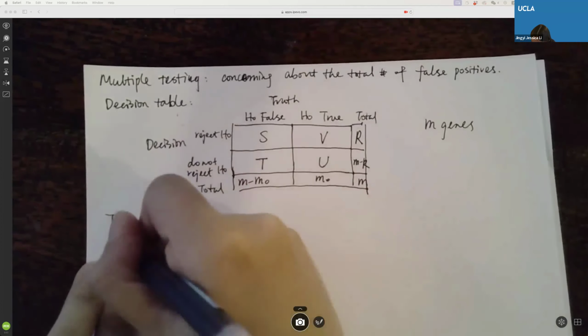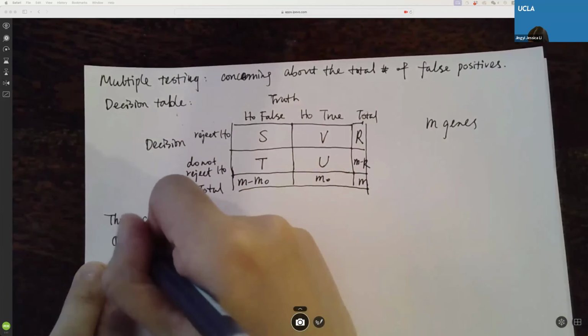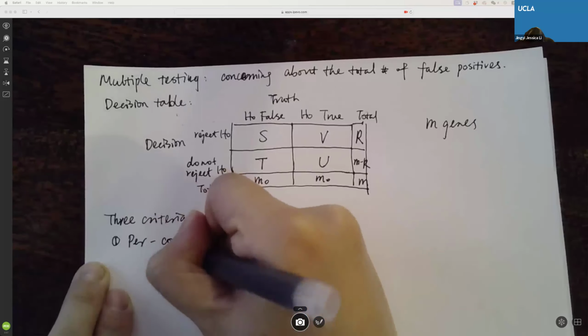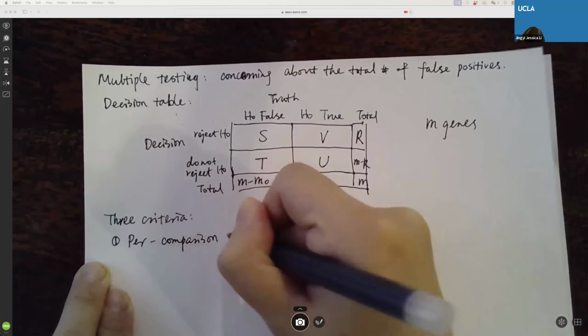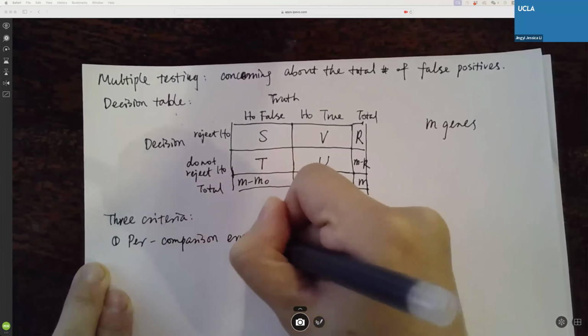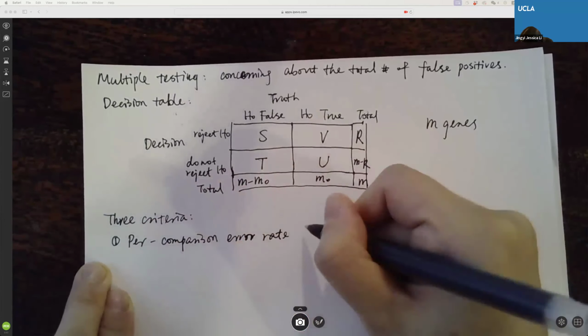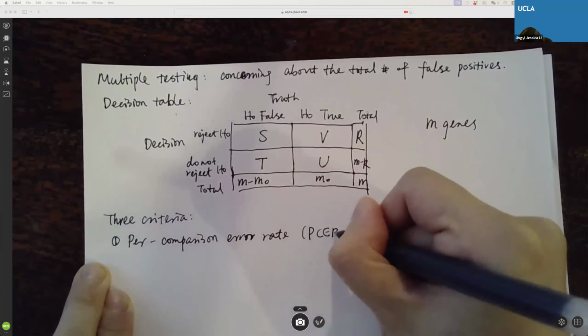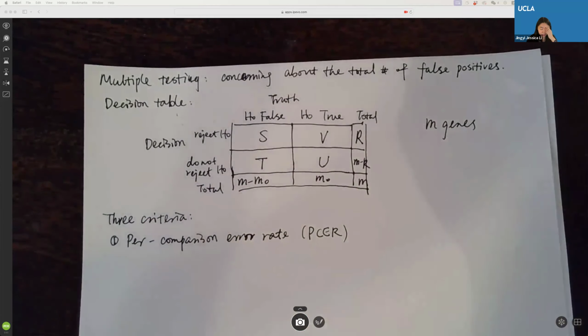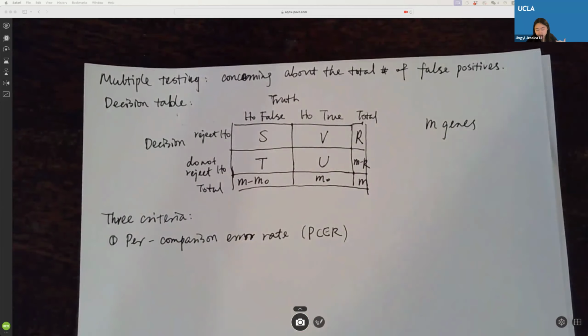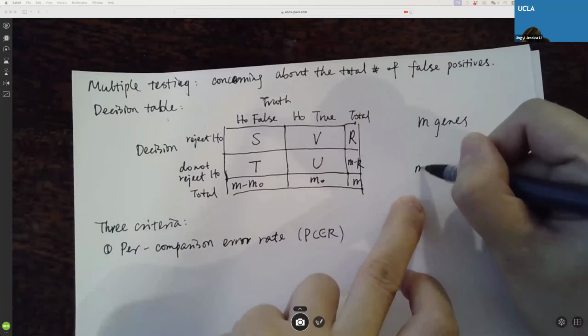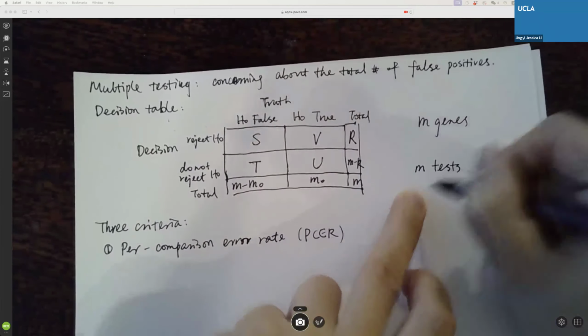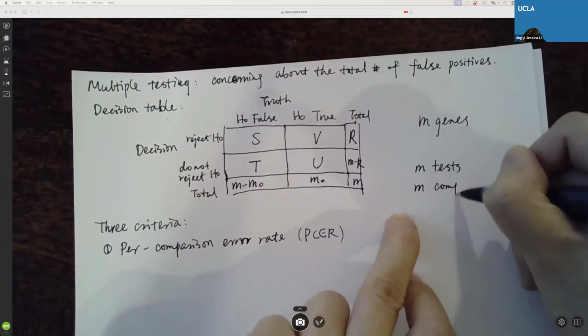The first one is called per comparison error rate, PCER. This is basically our type 1 error, defined in a multiple testing setting. It's just an average across our M comparisons. So as for M genes, we have M tests and M comparisons.